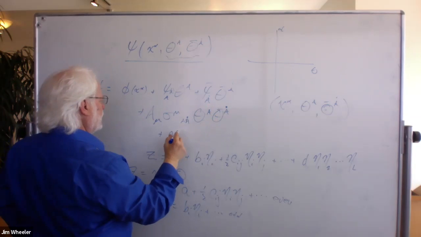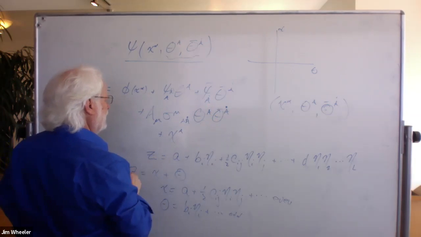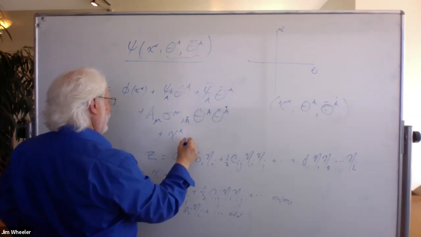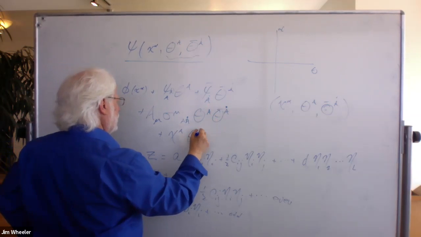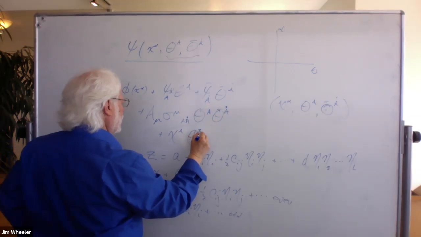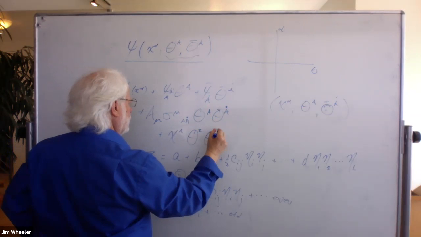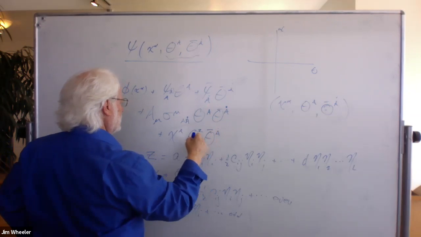And we keep going up. So let's see, we can have, what will this be? You can have a theta squared, I'll show you what that is in a minute, with a theta bar A dot.